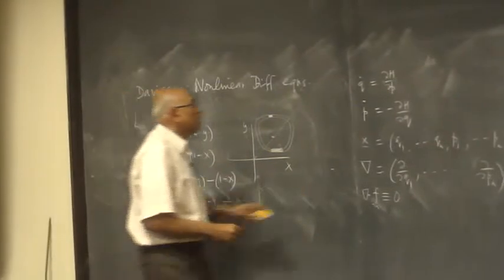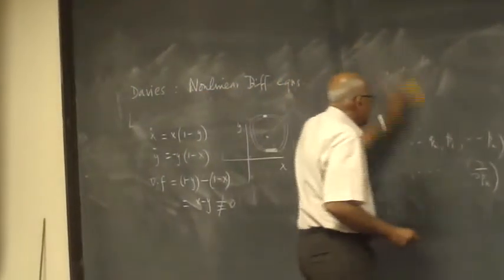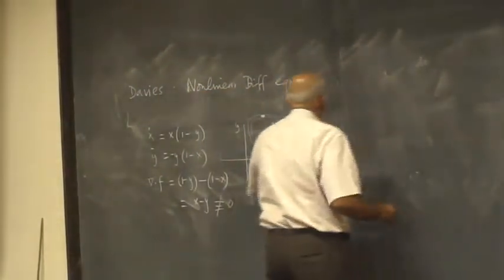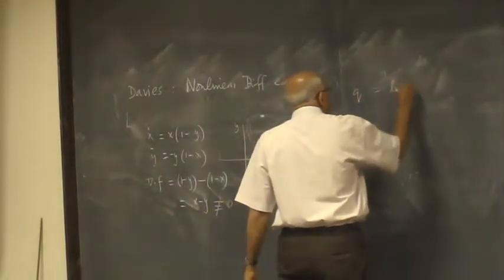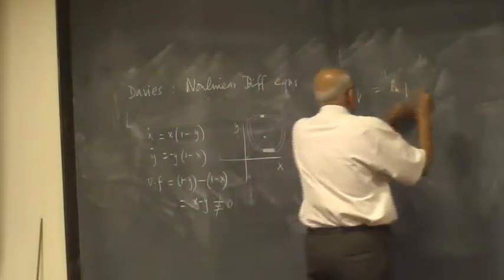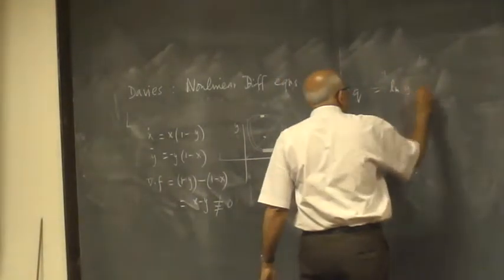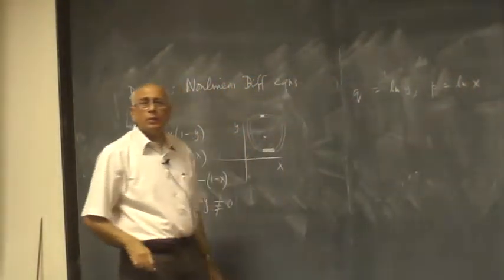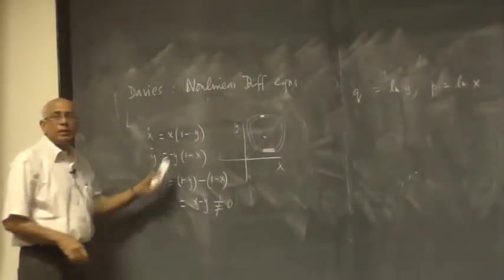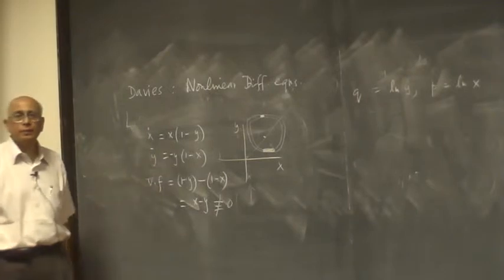Here in this example, you can make it even more dramatic. Let's change variables. Let's put q equal to log y, p equal to log x. Then I put it to you that these are Hamilton's equations.